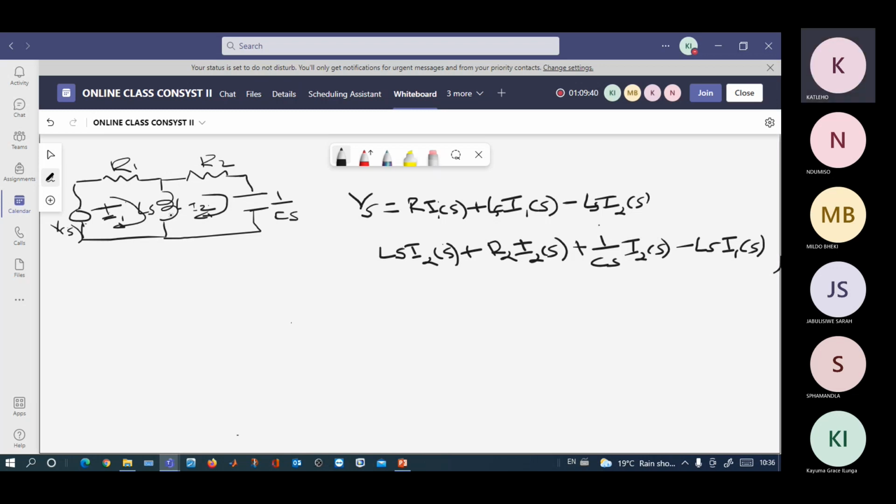But in this one we only have two currents flowing, so we'll have two voltages here, right? The voltage from I2 and LS and the voltage from I1 and LS. Because we are taking into account the direction, this voltage here will be this voltage minus the voltage on this side. Are we together?